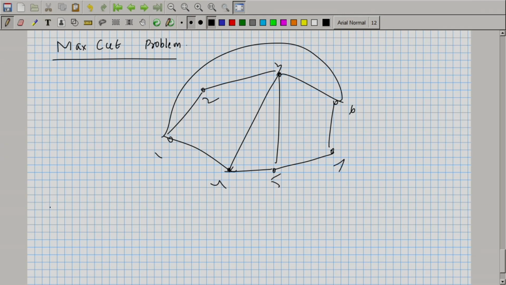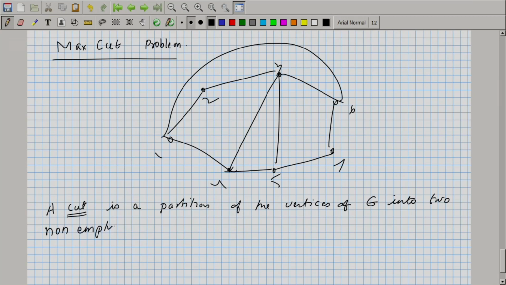A cut is a partition of the vertices of G. So, if your graph was G, a cut is a partition of the vertices of G into 2 non-empty sets A and B. Okay.